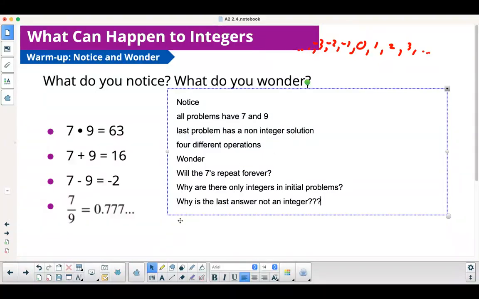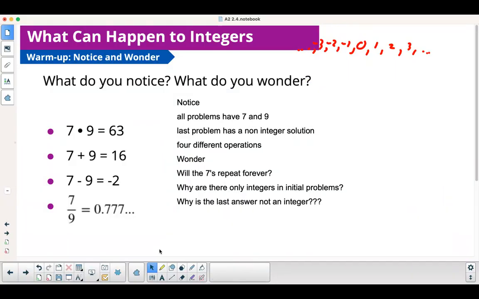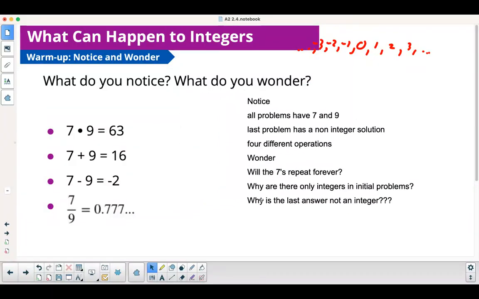So, leading into the lesson without ruining it for you, when you look at these 3 here, we have integer times integer equals integer. Integer plus integer equals integer. And integer minus integer equals integer.